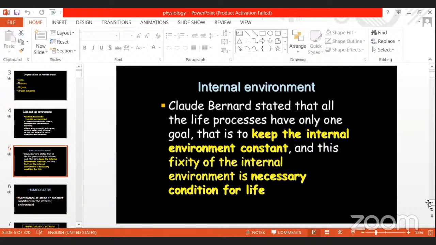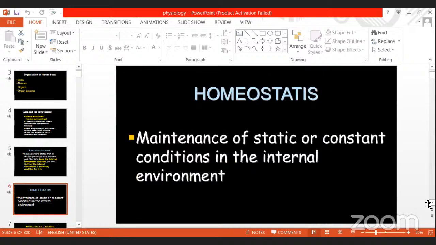To keep the internal environment constant, that is known as physiology actually. All the body functions are happening to make the internal environment constant, and that process is known as homeostasis. Homeostasis is maintenance of static or constant conditions in the internal environment.